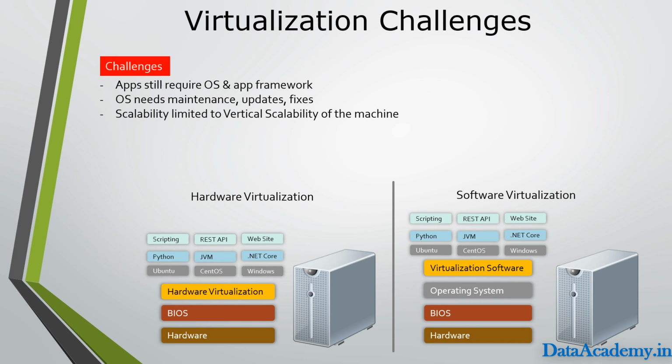Still, all of these are operating under one server. Also, it's difficult to manage applications distributed across multiple machines. So if I have a website that's running under two different virtual machines and two different servers, it's very hard to manage them. The setup will be quite complex.